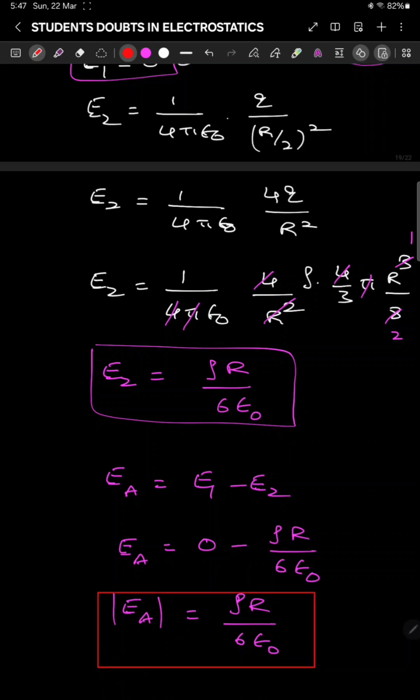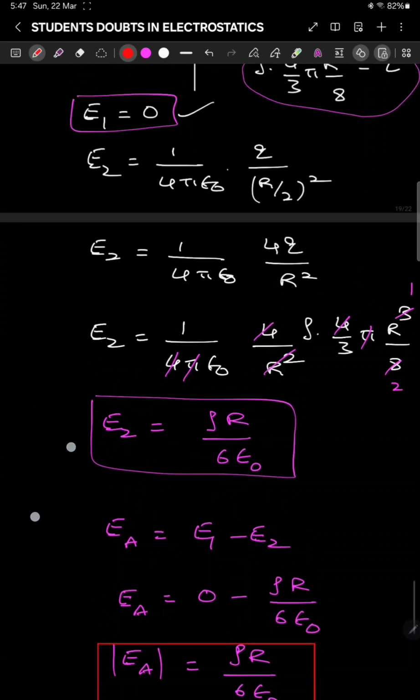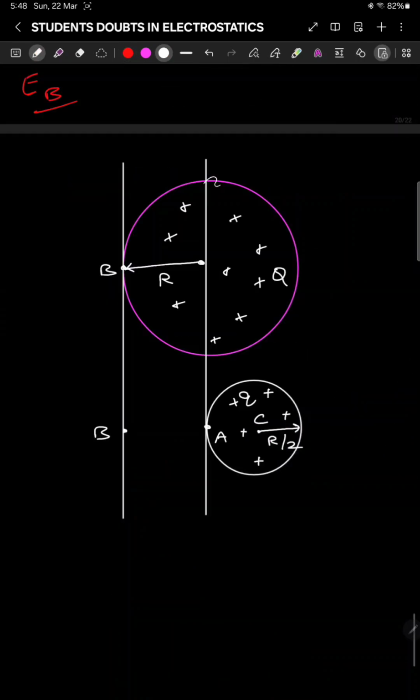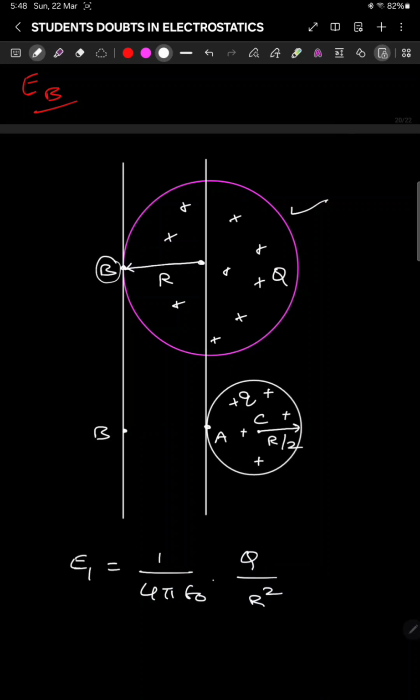Similarly, we have to repeat with B also. Now, due to full sphere at B, electric field, let us name it E1. For this sphere, B is on the surface, so electric field formula is 1 by 4 pi epsilon naught Q by R square. We know already the charge value, we have derived it: density into volume, 4 by 3 pi R cube.